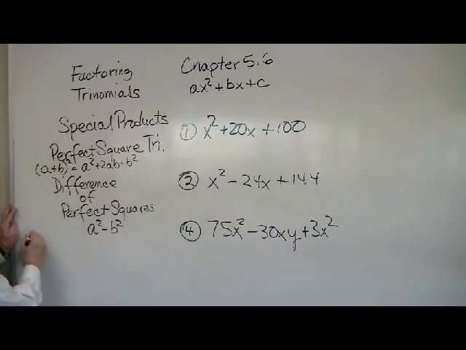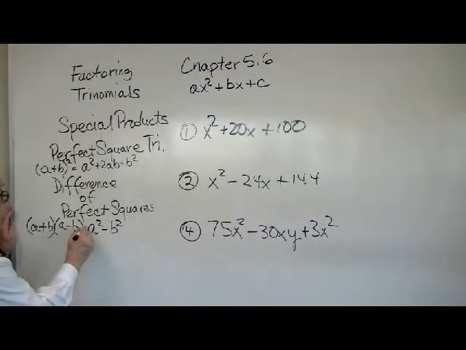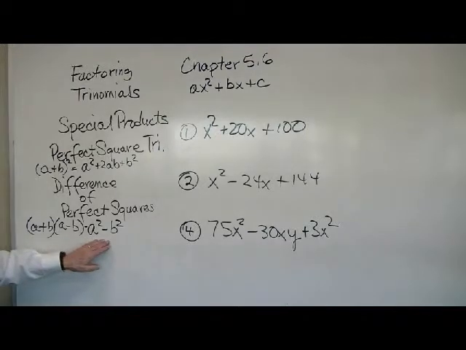And if we had conjugates, these were conjugates, they produced a perfect square, the difference of perfect squares.